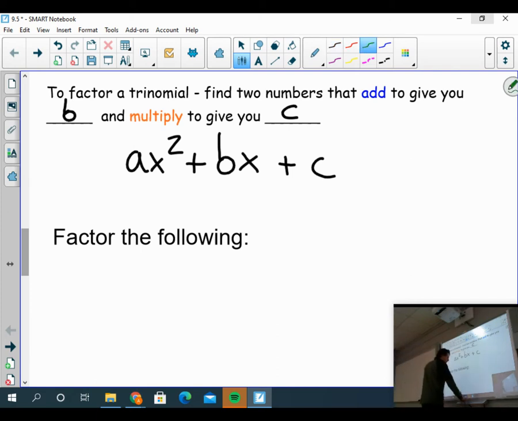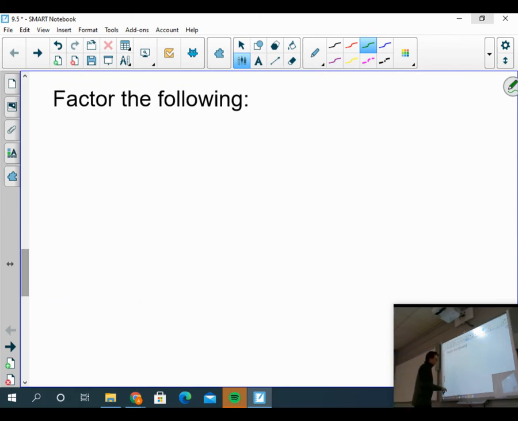Okay? So now that we have the idea on how to factor a trinomial, finding two numbers that add to give us b and multiply to give us c, let's go ahead and try an example. Let's say we have x squared plus 7x plus 12.